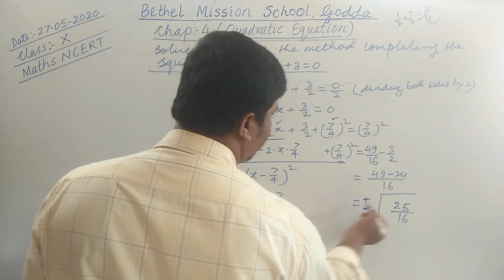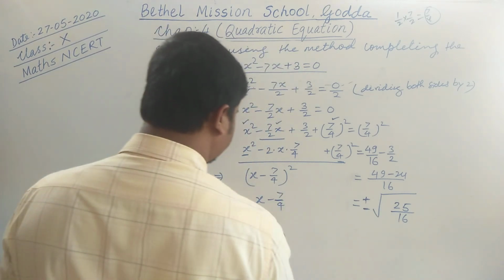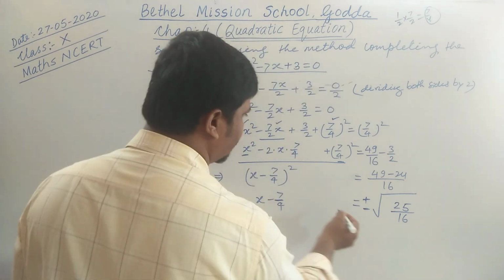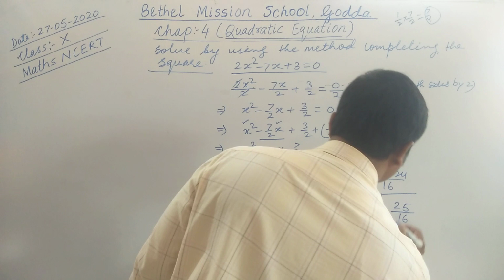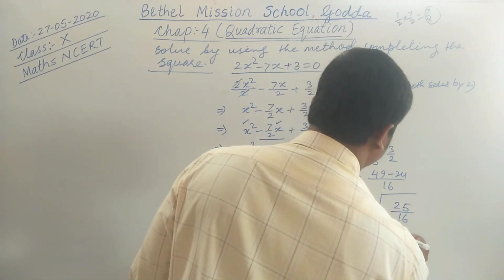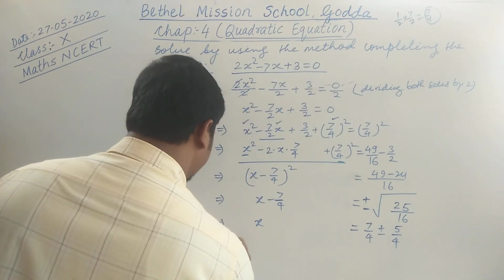After that, we transfer 7/4 to the other side, so x = 7/4 ± 5/4, since the square root of 25/16 is 5/4.